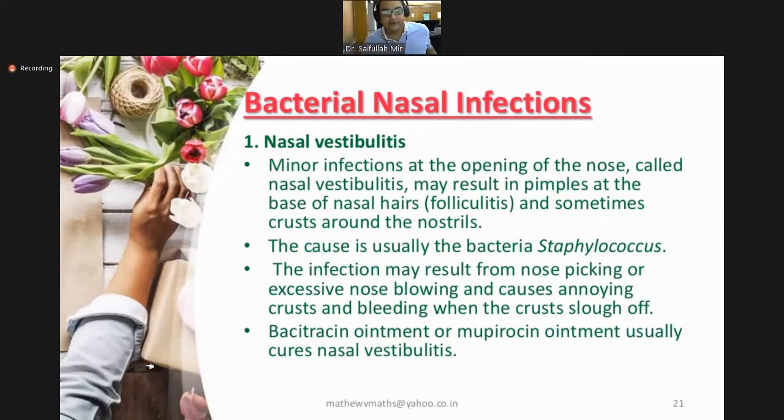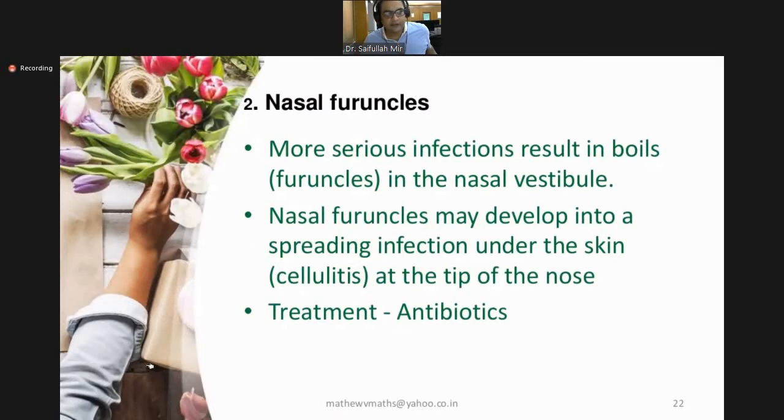Very seldom do you need systemic antibiotics, but it can go into the brain. And furuncles are like boils, which are quite tender, but the thing is, it's invading the dermis. So when it's invading the dermis and it's not limited to the surface, the epidermis, then you need to go for the antibiotics.